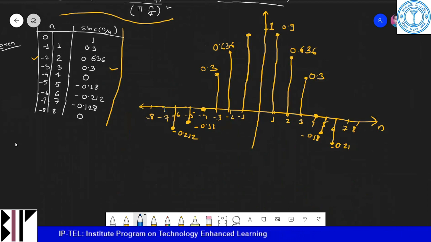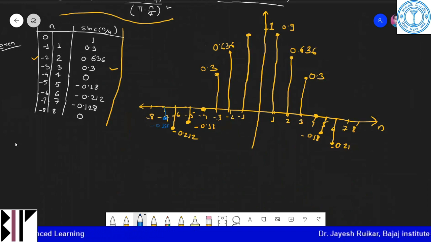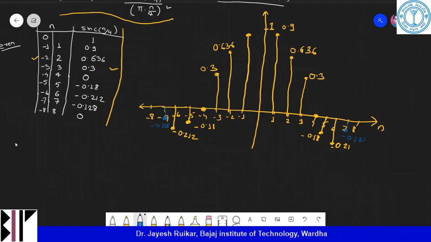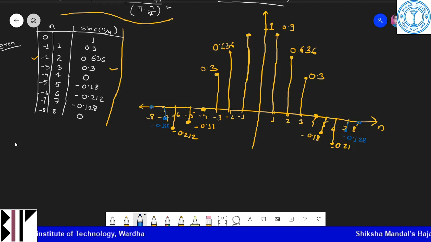I will use another pen. For minus 7, its value is minus 0.128. For plus 7, its value is also minus 0.128. And for positive 8 and negative 8, its value is 0.